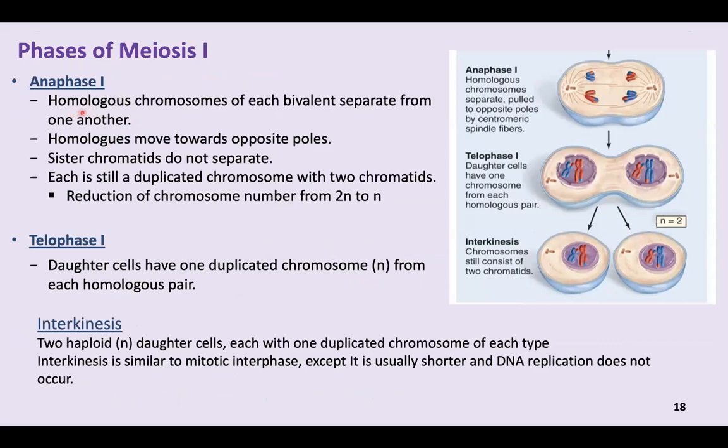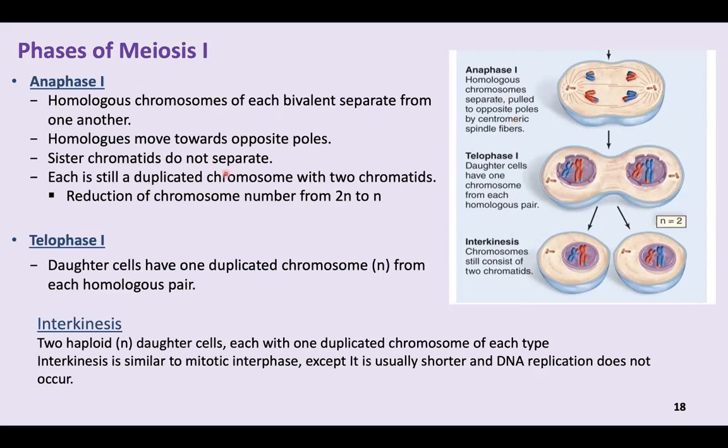Anaphase 1 is when homologous chromosomes of each bivalent separate from one another. Okay, they go towards the pole. So katakanlah di North Pole, so this is the South Pole. So the homologs move towards opposite poles and sister chromatids do not separate. So yang ni adalah homologous chromosome. The sister chromatids do not separate masa meiosis 1 ni, okay?